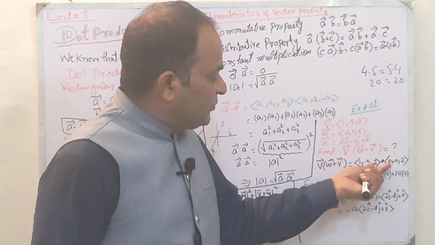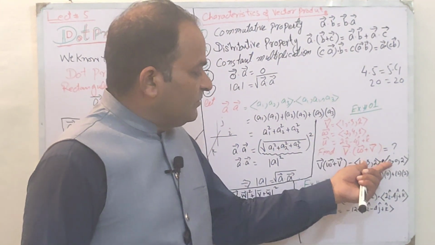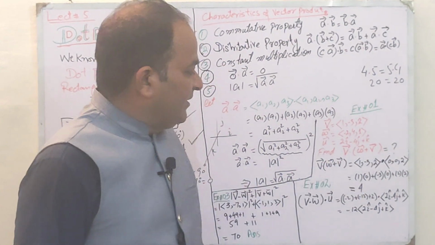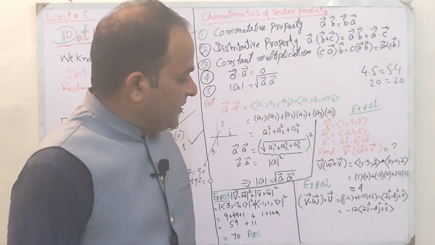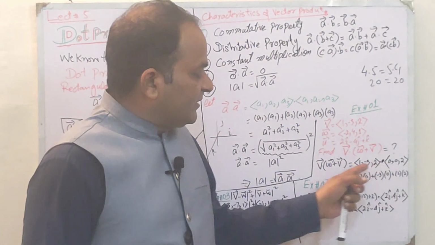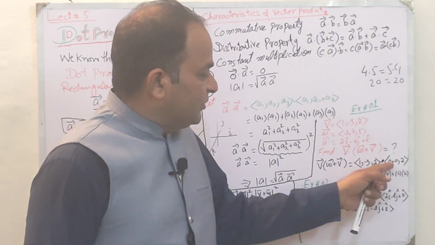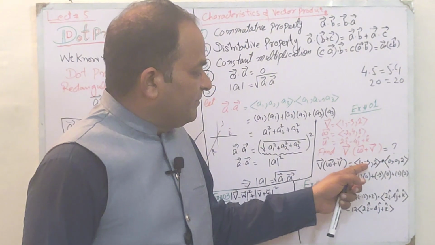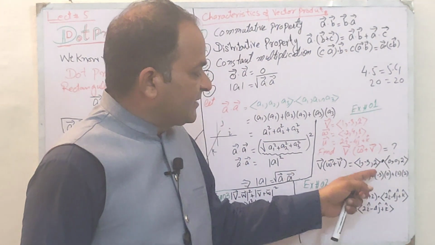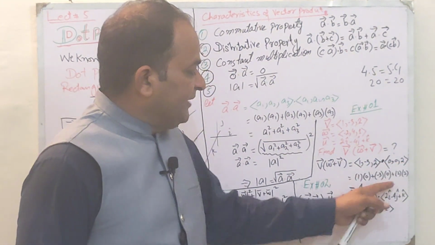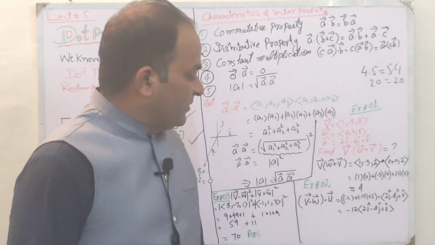So I got the position vectors of two vectors. When we take the dot product, I just multiply 1 with 0 plus minus 3 with 0 plus 2 with 2, and you will get the answer 4.